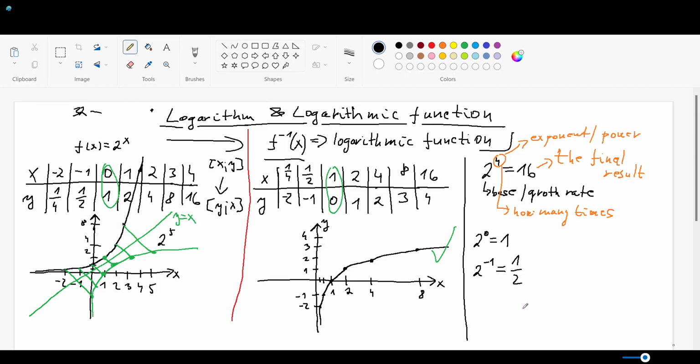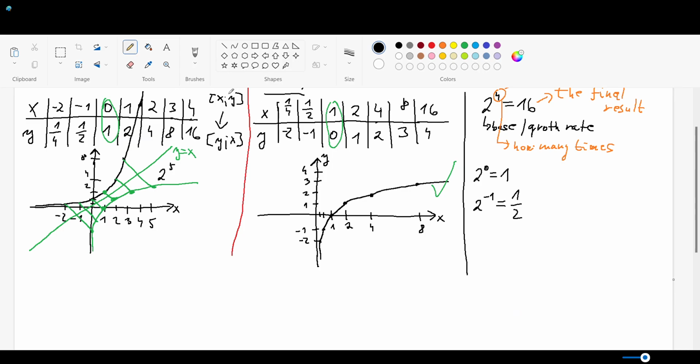So then, if we want to apply the logarithm and read it in the manner of this explanation, we now know from this line that we can write the inverse function, which says log base 2 of 16 is equal to 4.